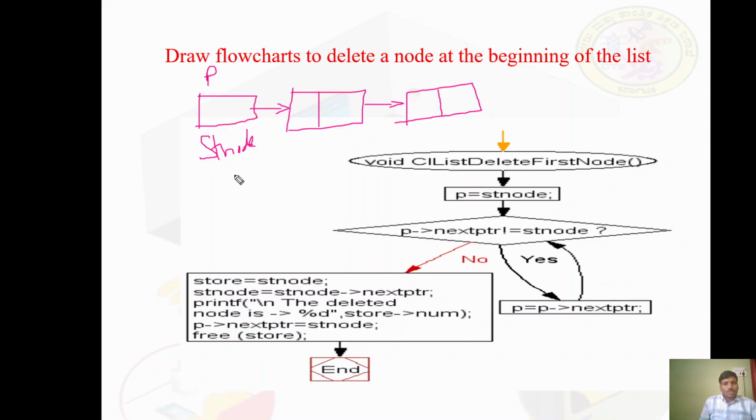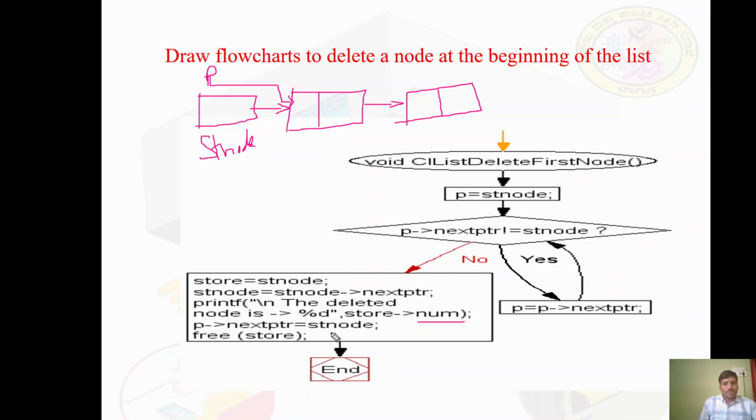Okay, so what is the code, pointer next? If it is not equal to first node, then store that node into store and first node equal to first node's next pointer. So the next pointer of the first node is here. The pointer has to point to the next one. In both cases, p equal to p next, the node is deleted, and that value is informed to the user.